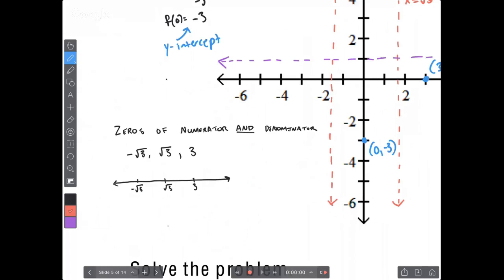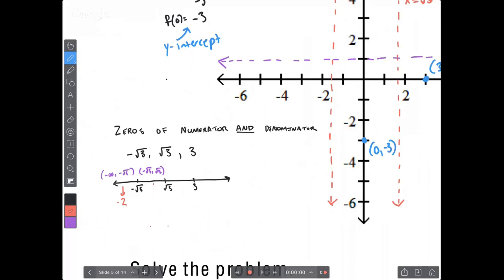And now I want to say what are some representative values in each of those intervals. My first interval will be the interval from negative infinity to negative root 3. And a value here might be like negative 2. Then what's a value on the interval from negative root 3 to root 3?